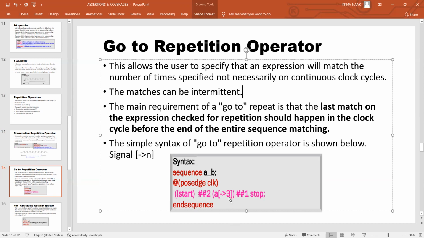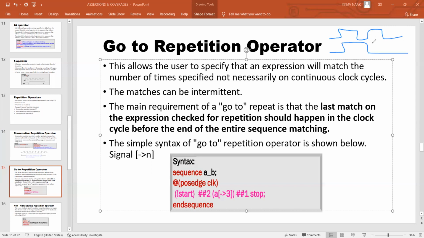This last match is when your entire sequence is about to end. So, let's say your sequence is going to end in this clock cycle. In this clock cycle, A should be high compulsorily.